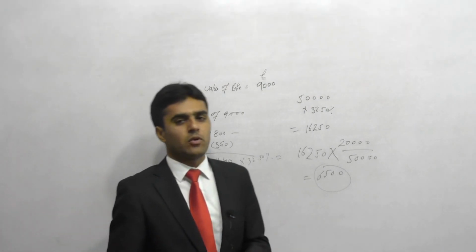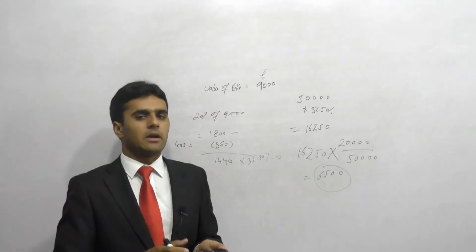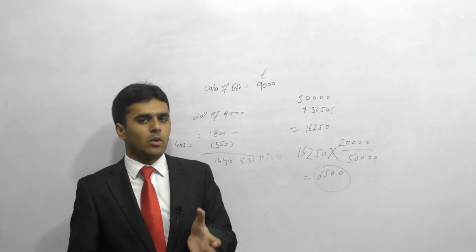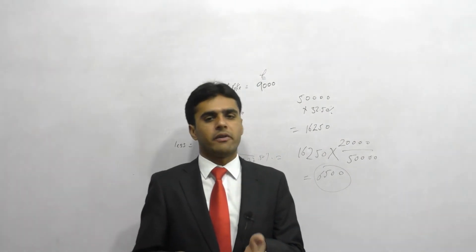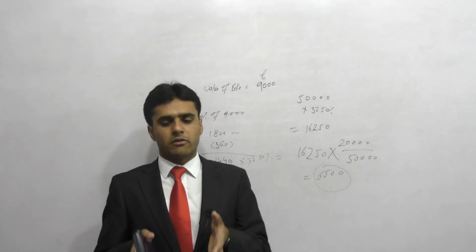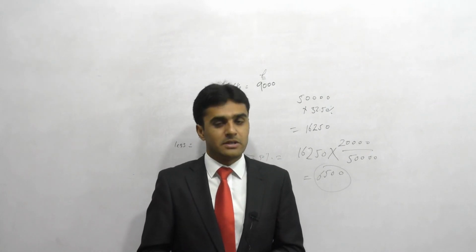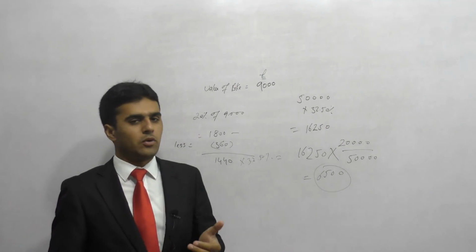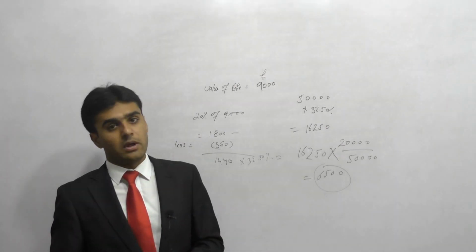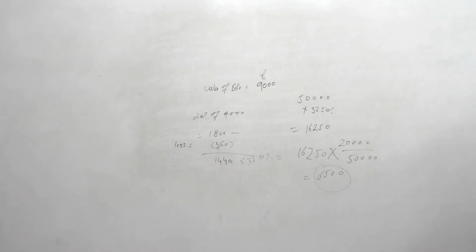Now the remaining penalty could also be paid back to the company if the shareholder gives the remaining loan back to the company, or if the shareholder is not giving it, then if the company writes off that loan, it will be assumed that the shareholder has been given dividends. In that case as well, HMRC will give you back the remaining amount of the penalty which you have paid.